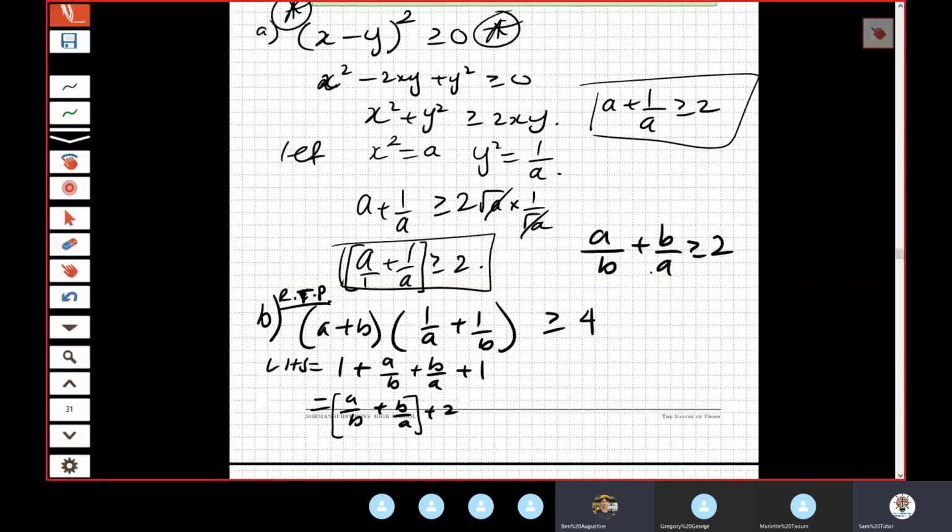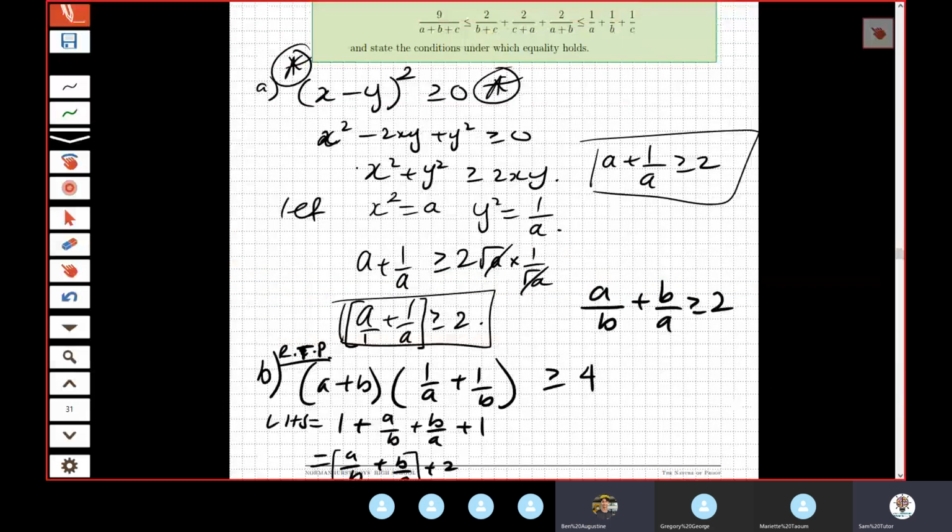What you guys have got to keep remembering is that the first bit here is super important, and you can get a lot of results from just this. If I said let x² equal a/b, let y² equal b/a, you'll end up with this result. Or just from this result itself, because that's 1, 1, and 1, if I let this be b and b, you'll still end up with 2.